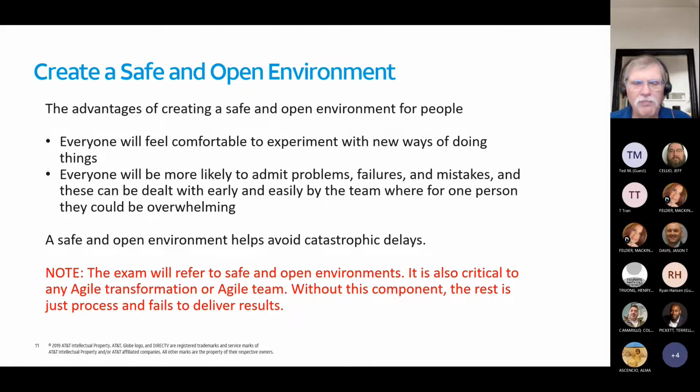So that people have a high comfort level of trying new and different things, of being able to experiment with ways of doing things, with ways of producing value. And we can talk about our failures without being called out on them, without any adverse reaction to failing.